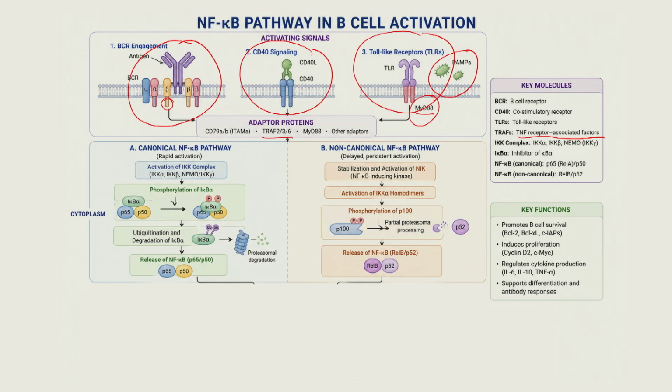So let's focus on the canonical pathway first. This is a very rapid activating pathway, a very fast pathway. Here we can see the inhibitor of kappa B alpha. We have discussed that NF kappa B in the cytoplasm can bind to its inhibitor.